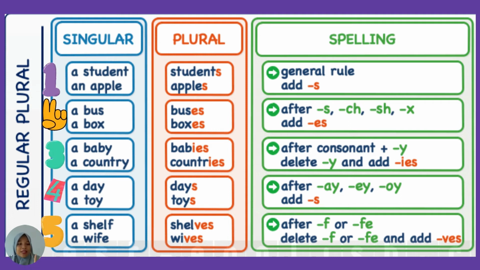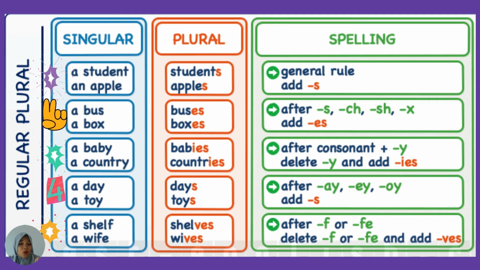How about the fourth rule? The fourth rule is the example, a day become days. A toy become toys. So the fourth rule is when the ending sound is AY, EY, and OY, so we only need to add S only, without delete the Y. For the example, day.